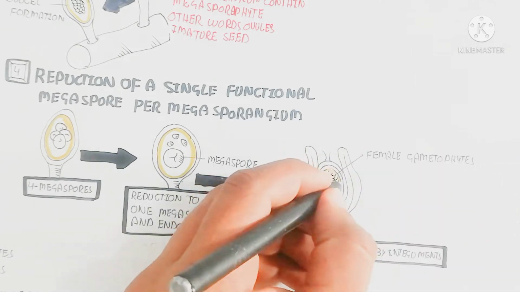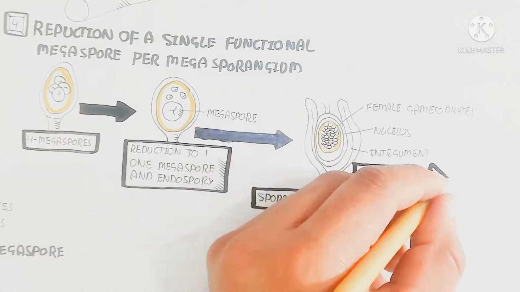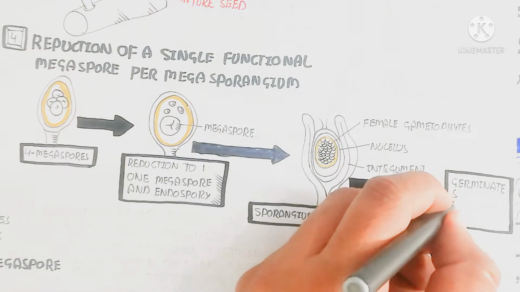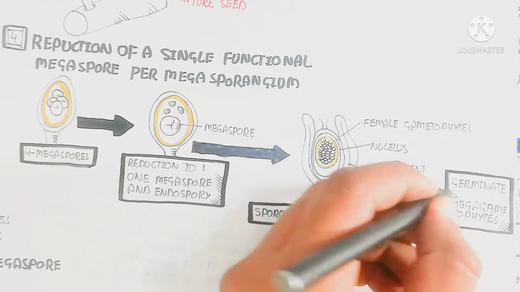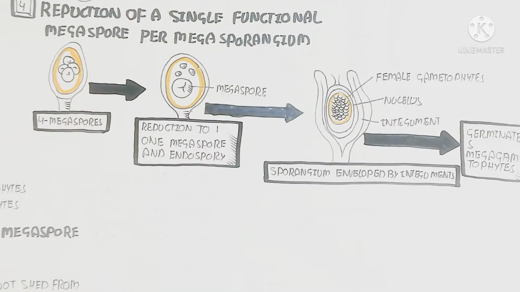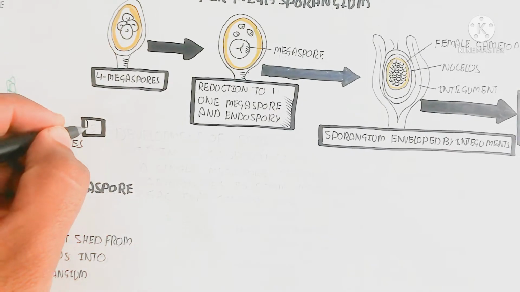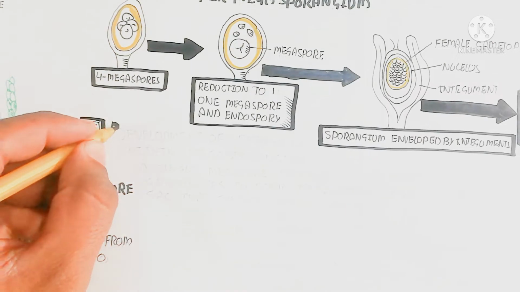After the germination of the megagametophyte, the development of the embryo sac within the megasporangium is very important. In this way, a single megaspore retained in the megasporangium germinates to form the megagametophyte or embryo sac that contains the egg.